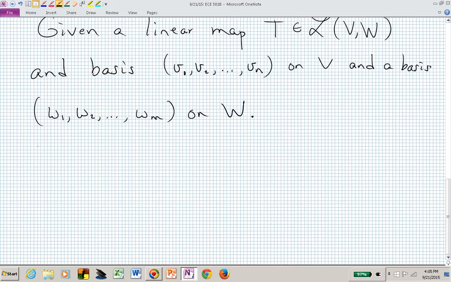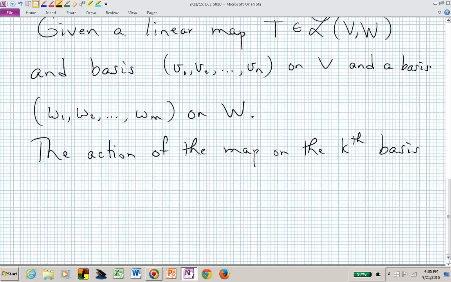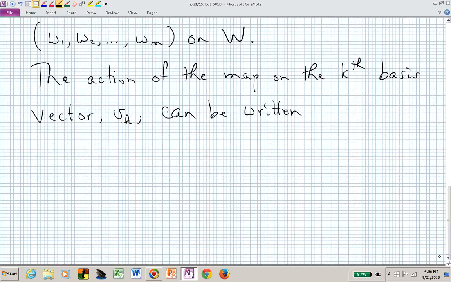The action of the map on the kth basis vector, which is v sub k, can be written as a linear combination of the basis vectors on the codomain.